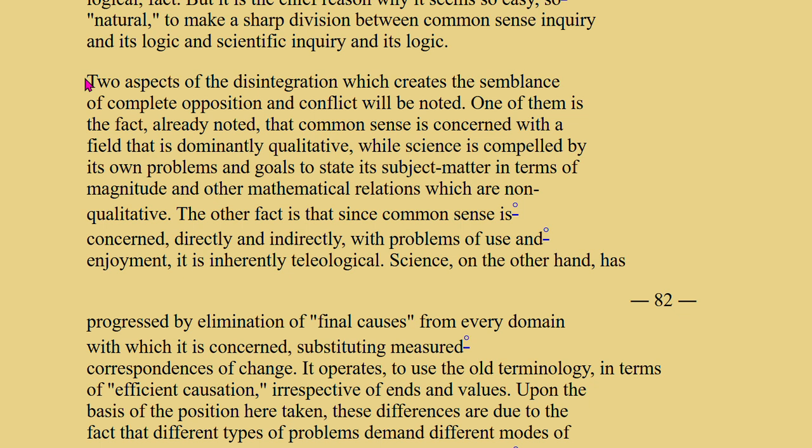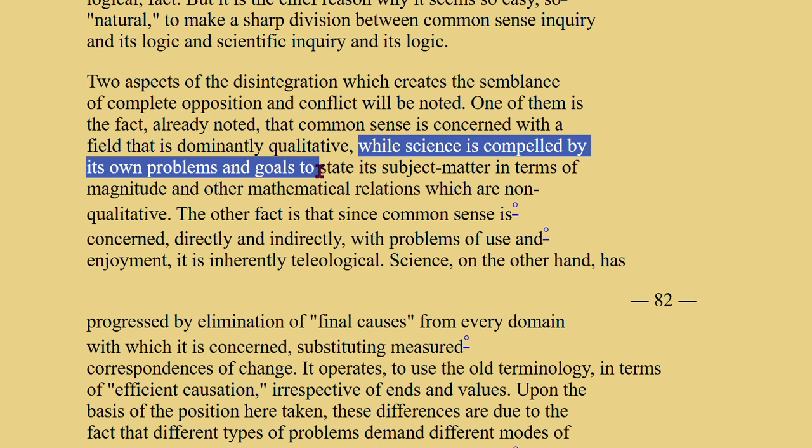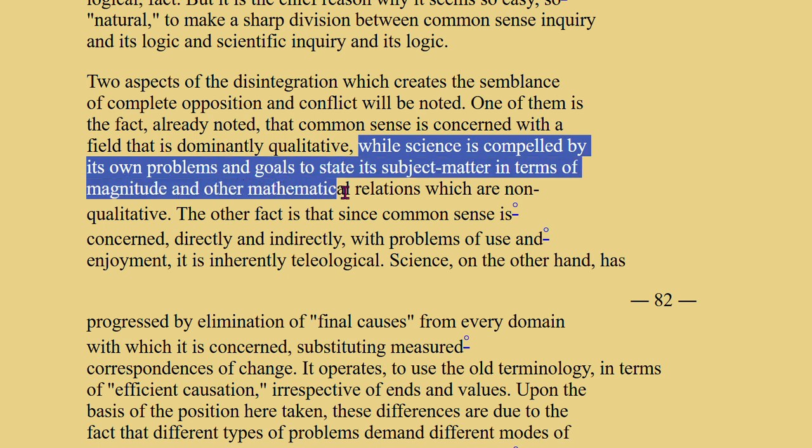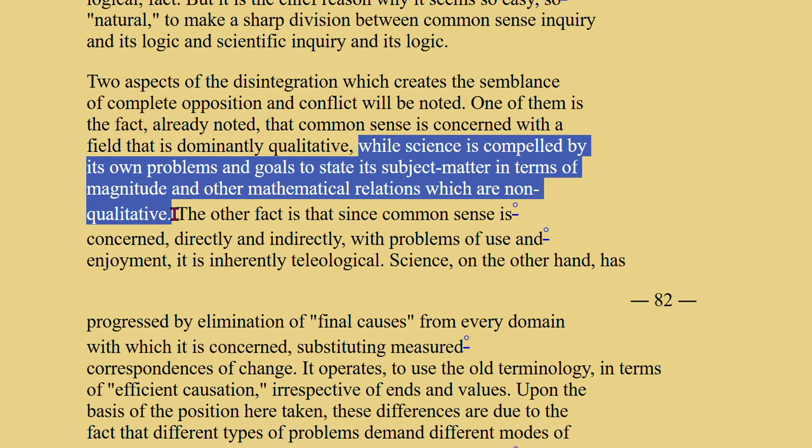So the first aspect is the fact already noted that common sense is concerned with a field that is dominantly qualitative, right? It deals with the qualitative world, with what we can qualitatively experience, while science is compelled by its own problems and goals to state the subject matter in terms of magnitude and other mathematical relations which are non-qualitative.